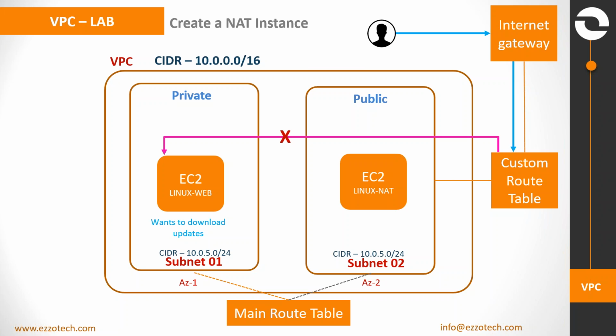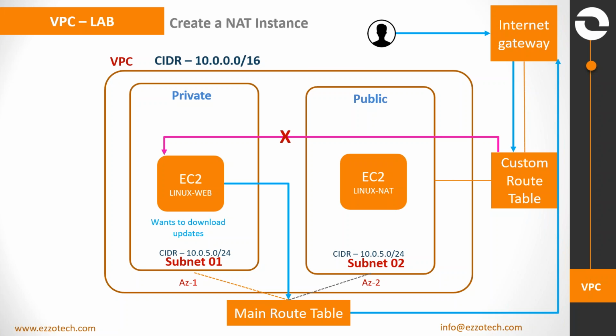Now if so, then how will my EC2 instance try to communicate to the internet? It will talk to its route table. It will find the routes in its main route table, and then it will try to communicate to the internet gateway. But since its main route table does not have any entry for the internet gateway route, this communication will not take place.